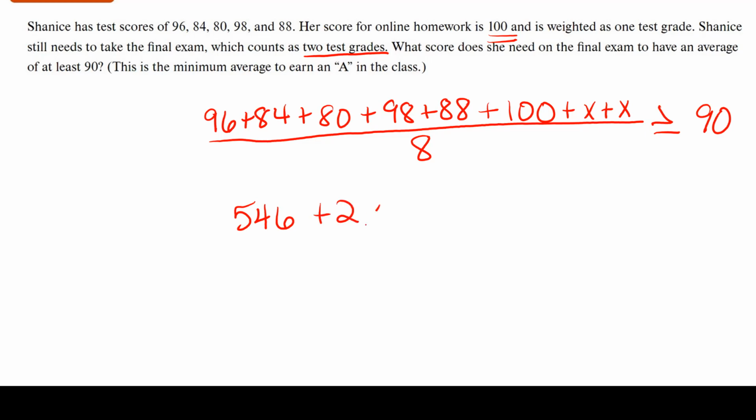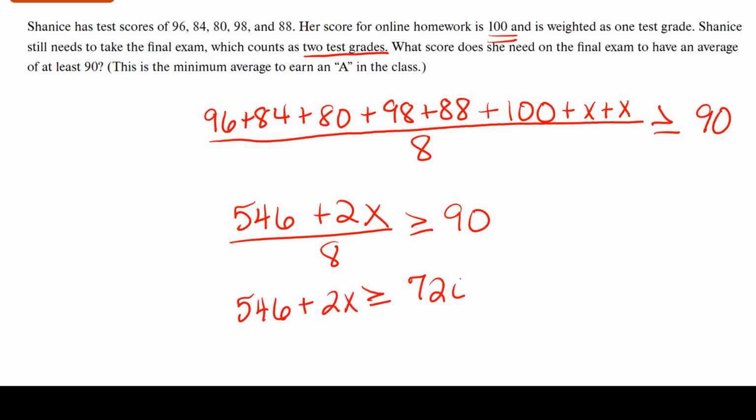plus 2x over 8. We want that to be greater than or equal to 90. If we multiply both sides by 8, we'll have 546 plus 2x is greater than or equal to 720.